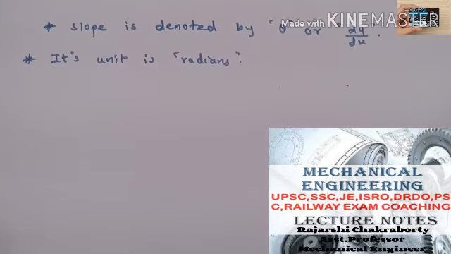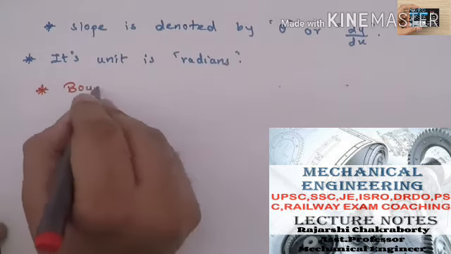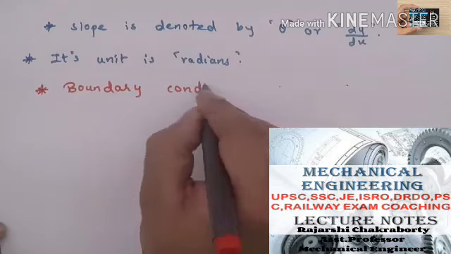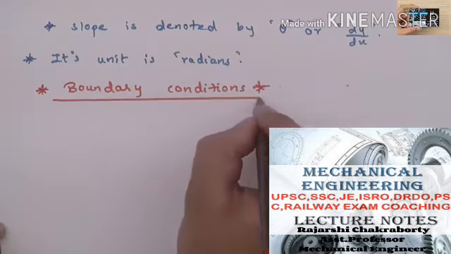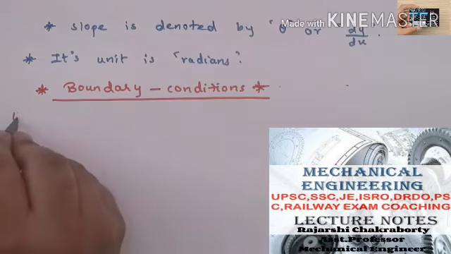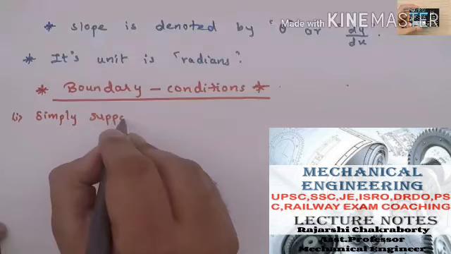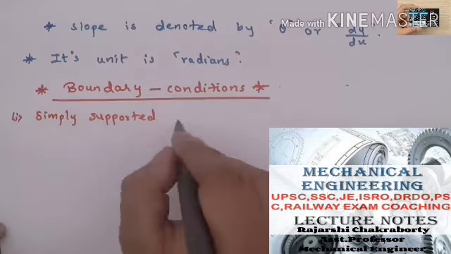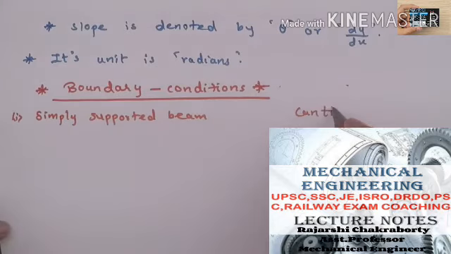Now after reaching here, next let us see the boundary conditions. The next case is considering the boundary conditions for a simply supported beam and for a cantilever beam.